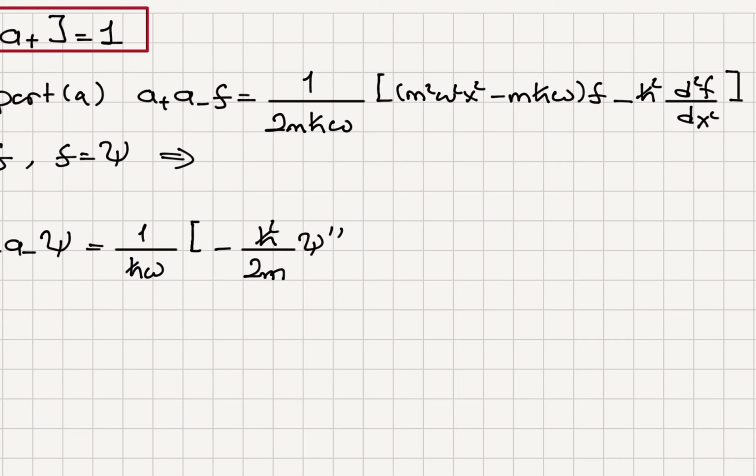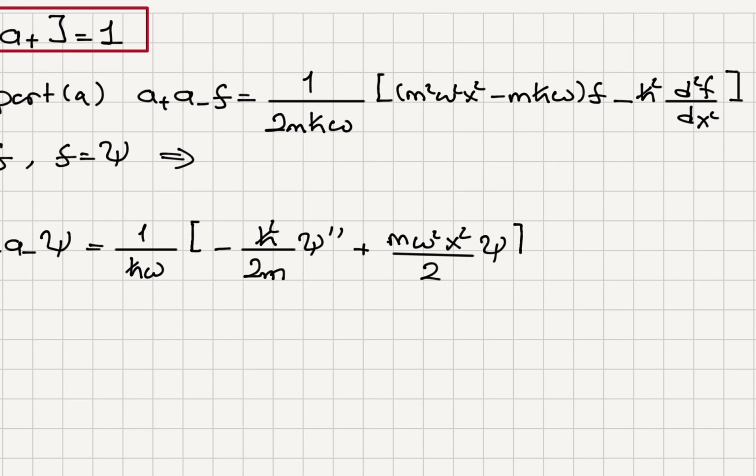And for the m squared omega squared x squared term here, if I divide it by 2m, I will get m omega squared x squared over 2, multiplied by psi.